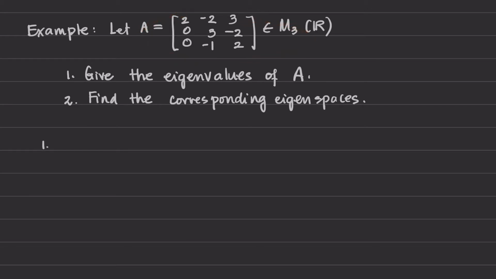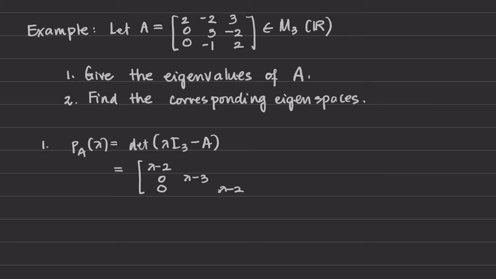So, compute natin yung characteristic equation which is the determinant ng lambda I3 minus A, which is lambda minus 2, lambda minus 3, lambda minus 2, tapos inenegate mo lahat ng mga natirang entries.